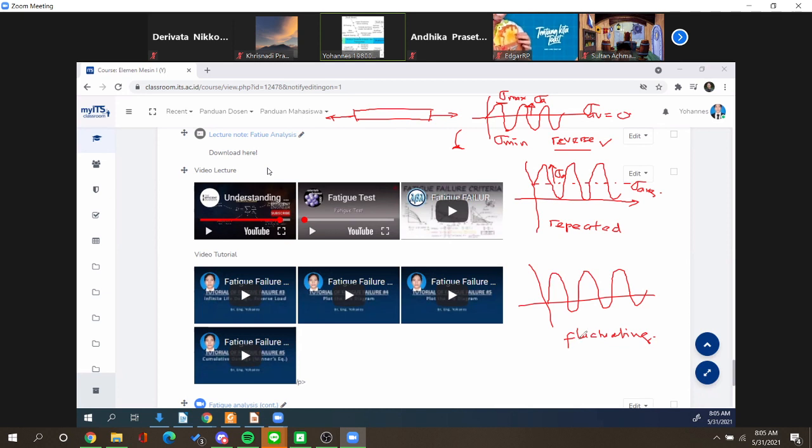So Goodman, Soderberg, and other theories provide the tools to estimate or facilitate the calculation for these different types of loading, so that we can still use the SN curve obtained by this experiment.